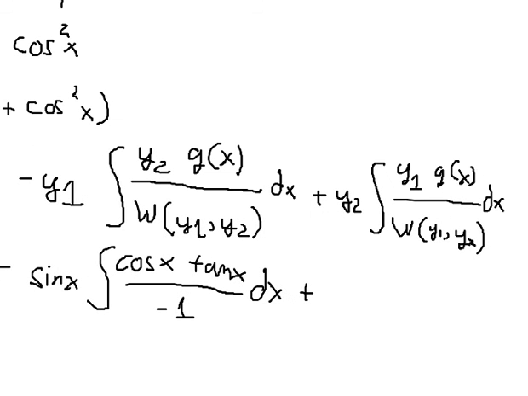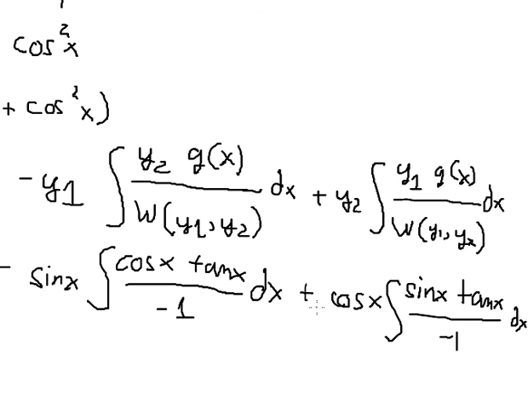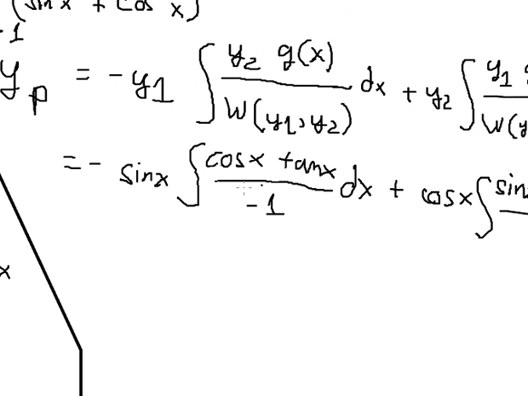Now let's go to the second one. y2, that's cosine s. y1, that's sin s. gs is tan s over negative 1 ds. Now we need to simplify, and we get the final answer in here. Negative with negative, you get positive, so we have sin s, cosine s.